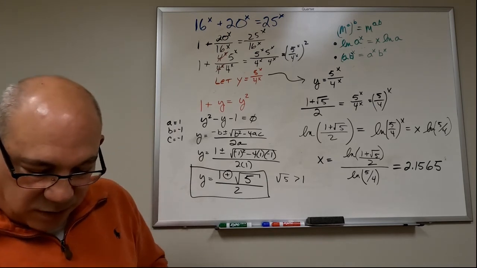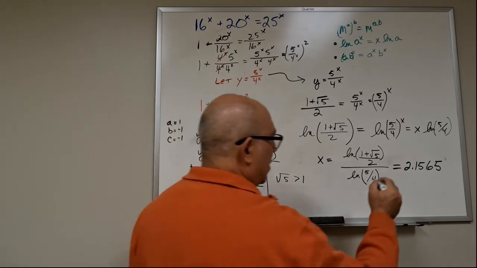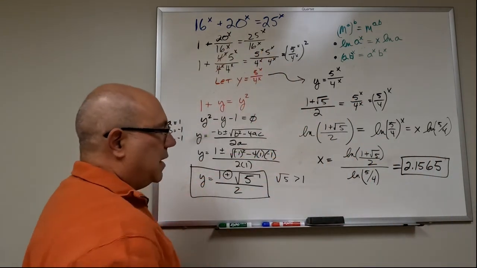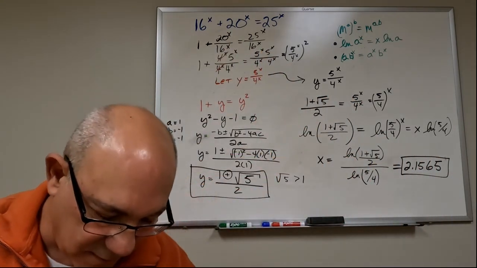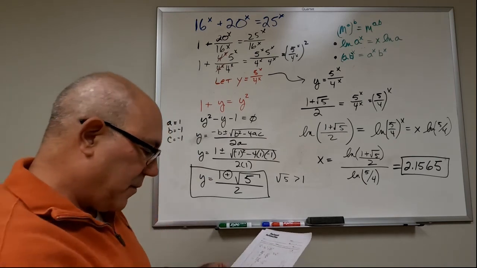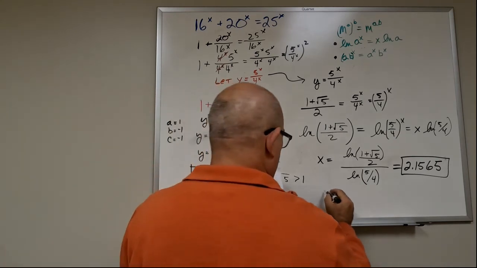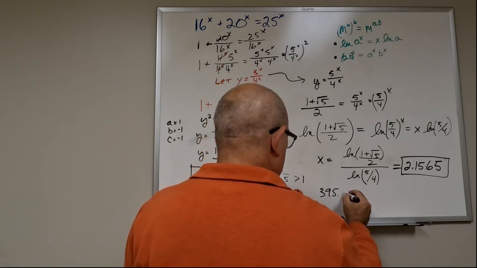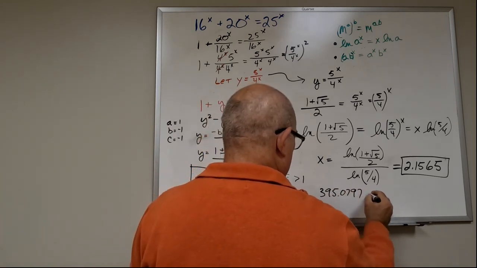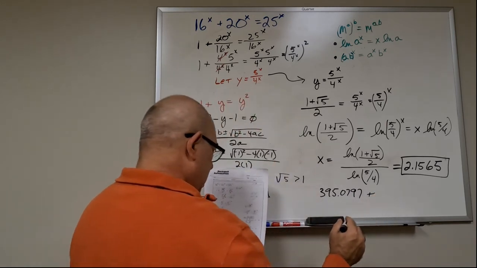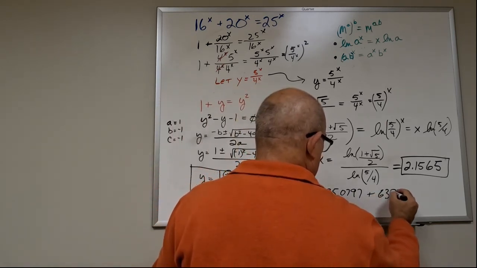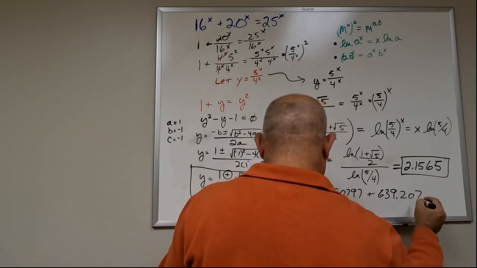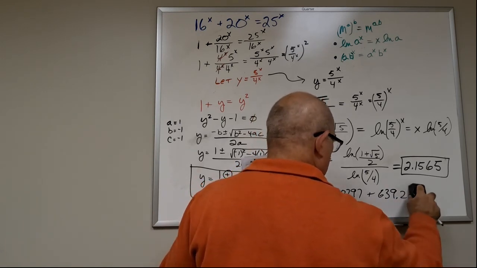And if you plug this number back into our original equation, it's a little bit different because of rounding. I think you get 395.0797 if you go to 4 significant figures, plus 639.2507.